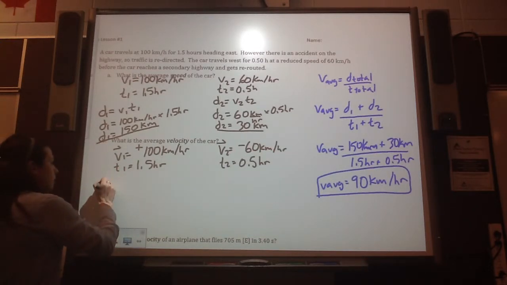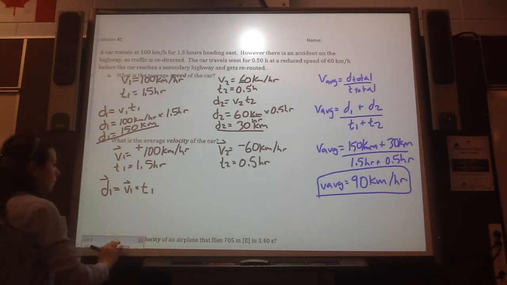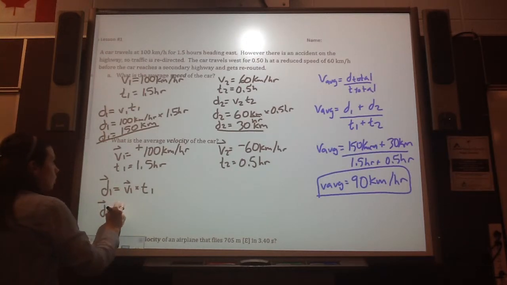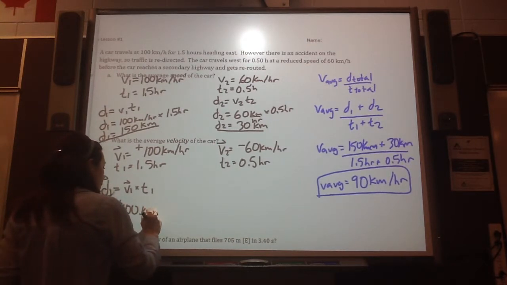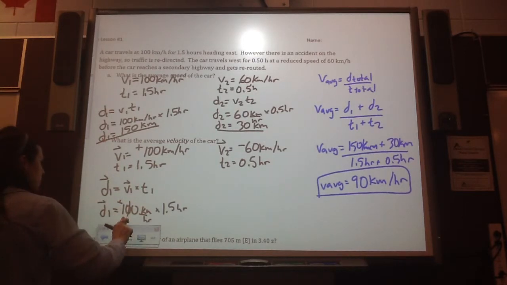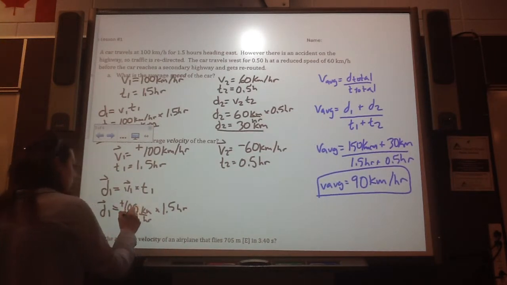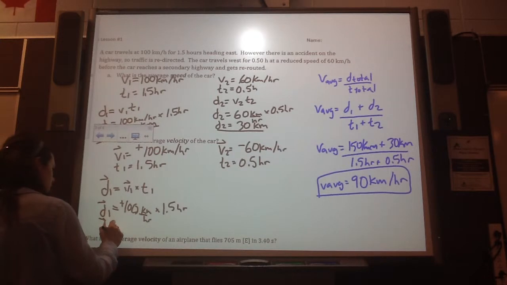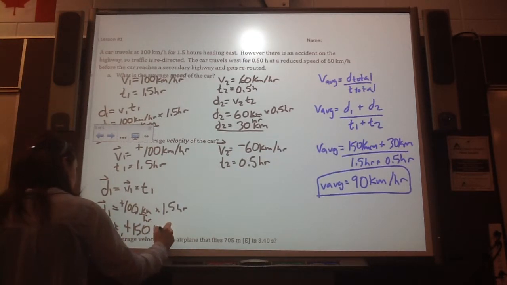So to find displacement 1, I can go velocity 1 multiplied by time 1. So displacement 1 is equal to positive 100 kilometers per hour multiplied by 1.5 hours. So our D1 is positive 150 kilometers.